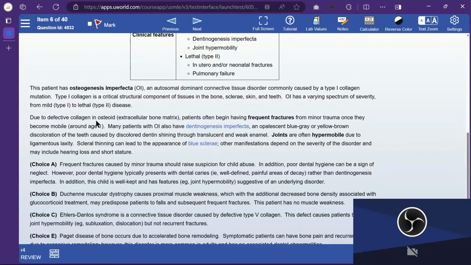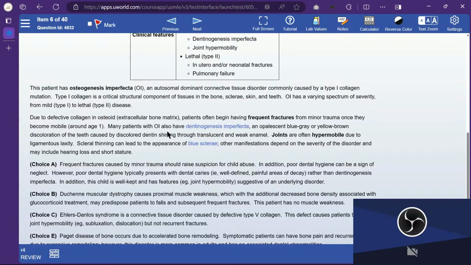Due to defective collagen in the osteoid extracellular bone matrix, patients often begin having frequent fractures from minor trauma once they become mobile around age 1.